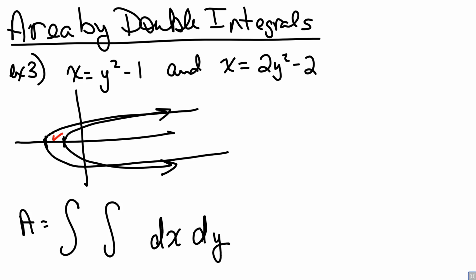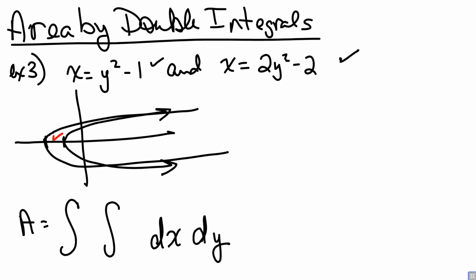The reason I don't want to do y first is that it would make me put my limits of integration in terms of y equals. And if we look at these equations, you cannot solve for y easily. So we wanted to stay as x equals. That's why we want x first, then y.